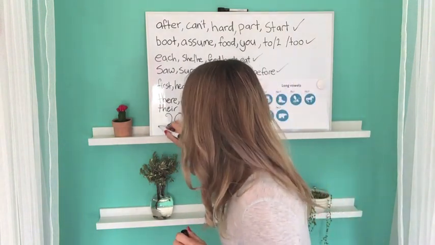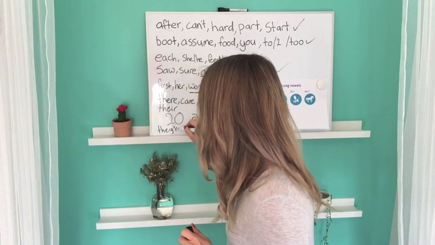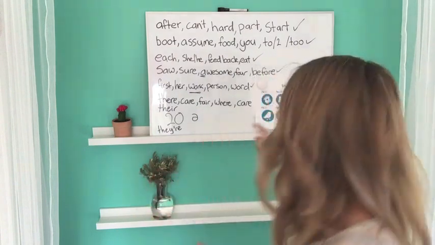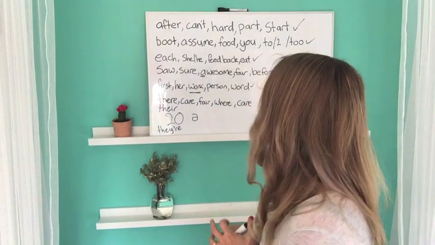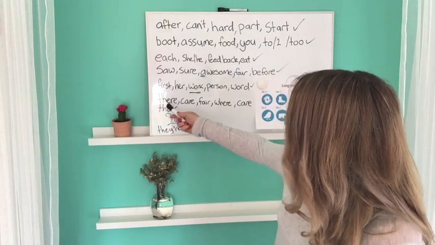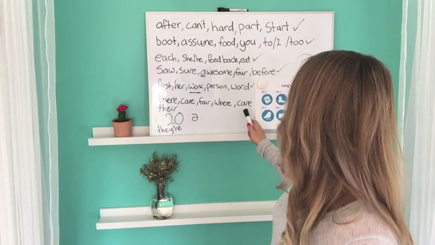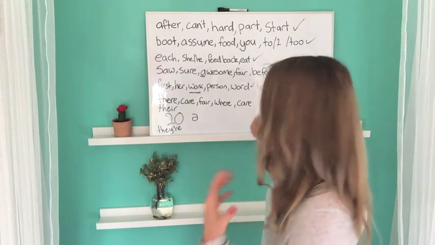Or you can even write there as in they are with an abbreviation. And they're all said with that same our sound, you'll be pleased to know. So: there, care, fair, where. There you go. So that is the long vowels.